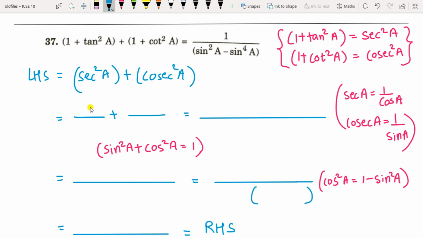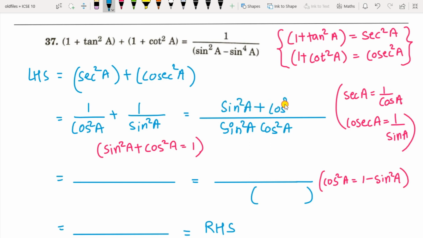So sec square A means 1 upon cos square A. Cosec square A means 1 upon sin square A. Take the LCM. So it will be sin square A cos square A in the denominator, and the numerator will be sin square A plus cos square A. Sin square A plus cos square A is 1, therefore the numerator is 1 here. This will be sin square A cos square A.